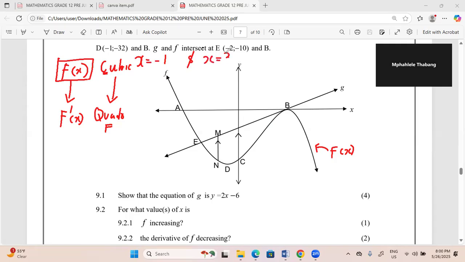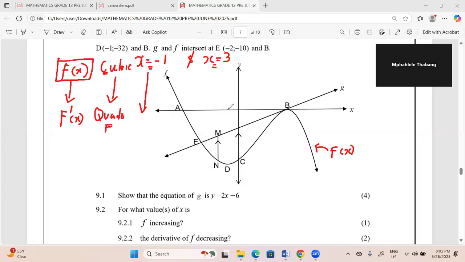If I give you f of x, a cubic function, which turns where x is -1 and also where x is 3, these x turning points will be the x-intercepts of the derivative of this cubic function. If you differentiate a cubic function, you get a quadratic function.